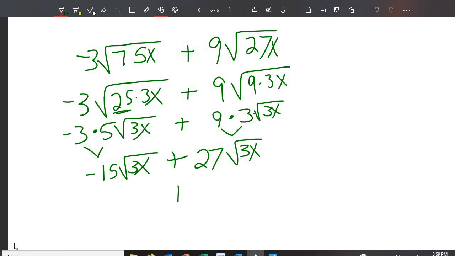That's going to give me positive 12 square root of 3x. That's my final answer. So it's just splitting them apart to make sure that you can simplify it.